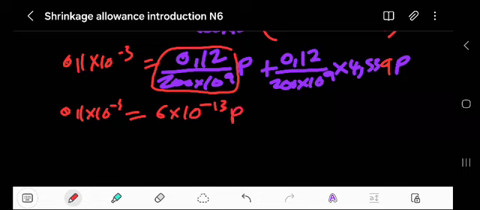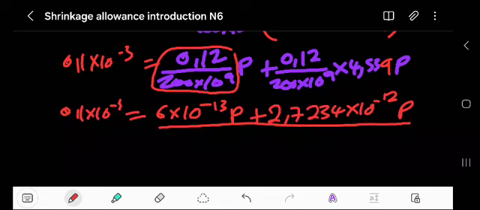Here we'll have P. Then punching this, 0.112 multiplied by 4.539, we'll have 2.734 times 10 to the power of minus 12. Here we have P.